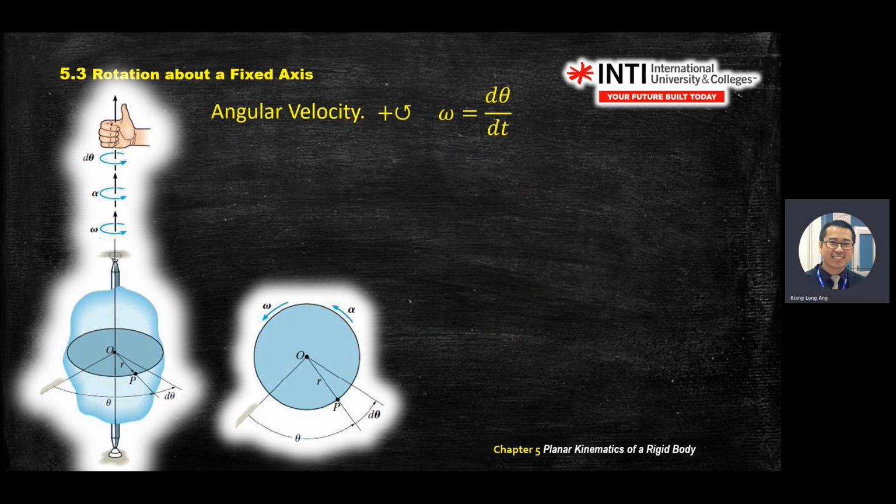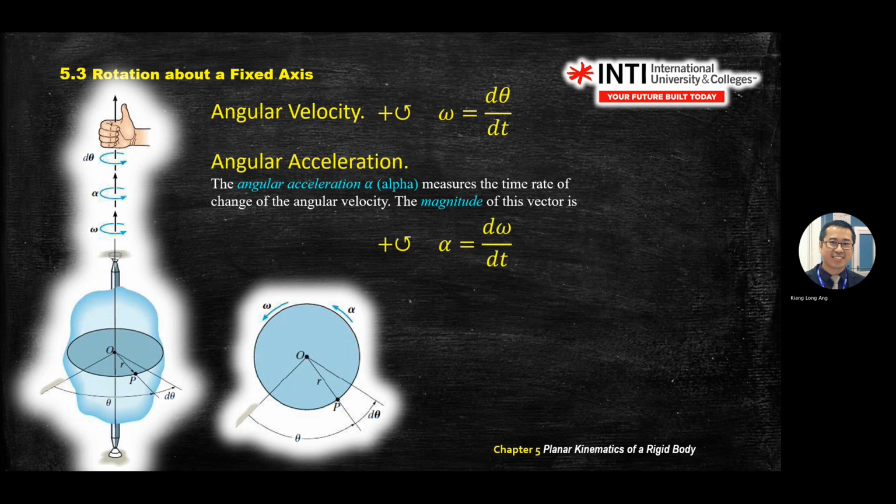Okay. So once you have a velocity, you can find acceleration. How do you define acceleration? You time differentiate your angular velocity. So alpha, also anti-clockwise, both anti-clockwise positive, is your d omega over dt. This is your angular acceleration, the d angular velocity divided by time, d omega dt.